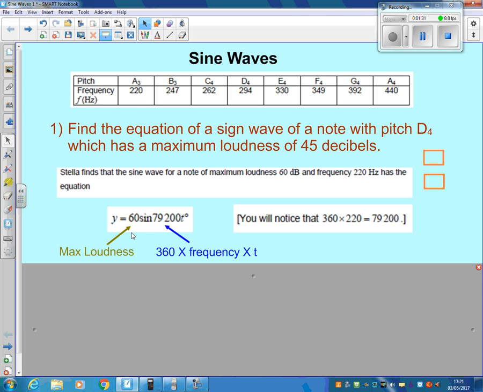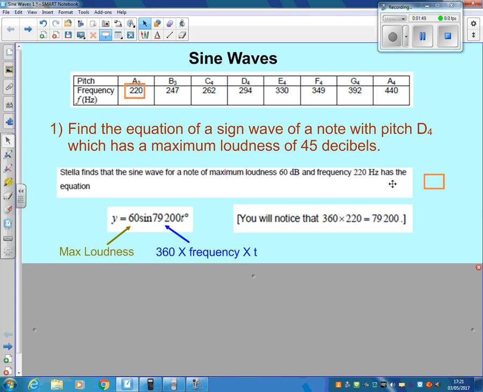So you've got maximum loudness for your first number, sine, then 360 lots of a frequency goes here, then t degrees. So that 220 was coming from there.